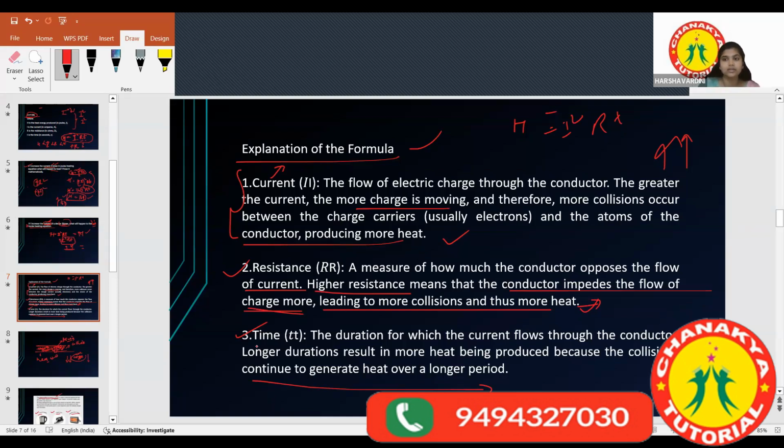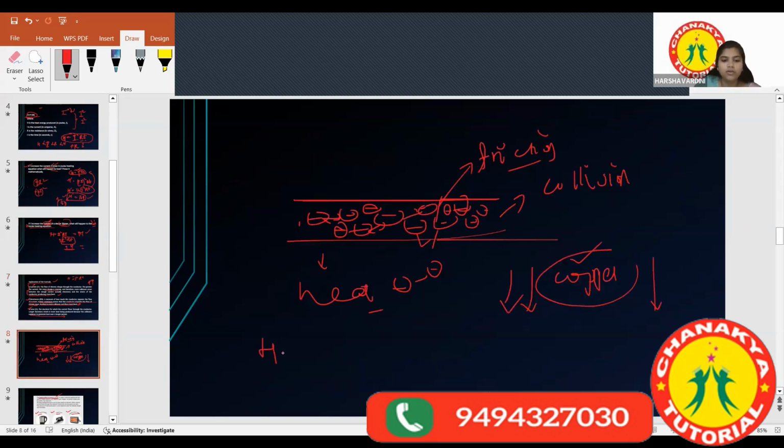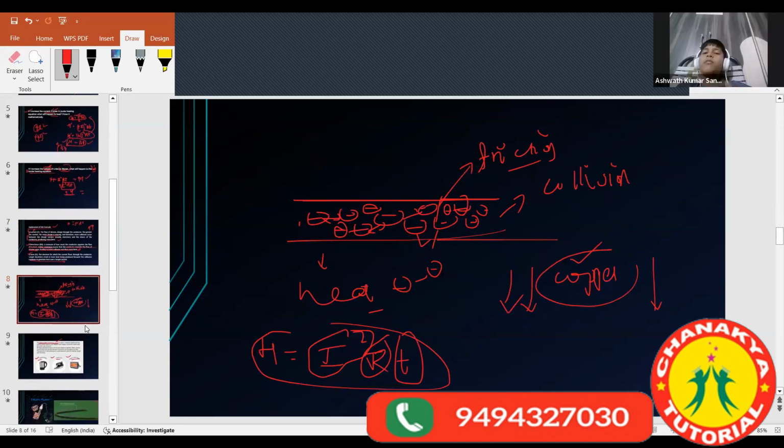Yes, sir. That was just an explanation of the formula. Now we know H is directly proportional to the square of the current, and to resistance R and time taken. Now, got it? How do these individual quantities influence the formula?